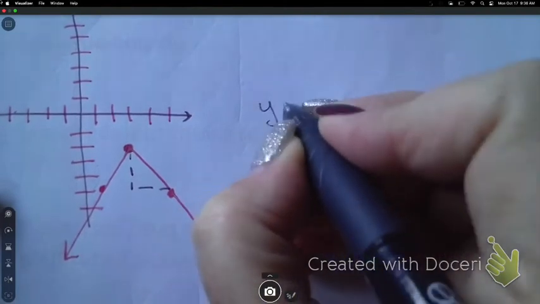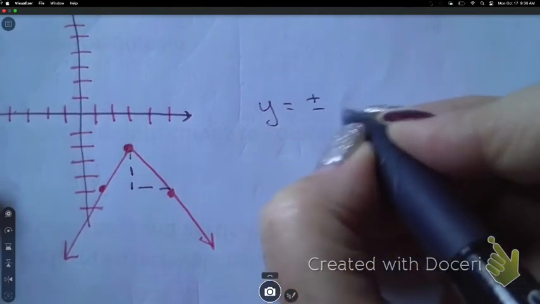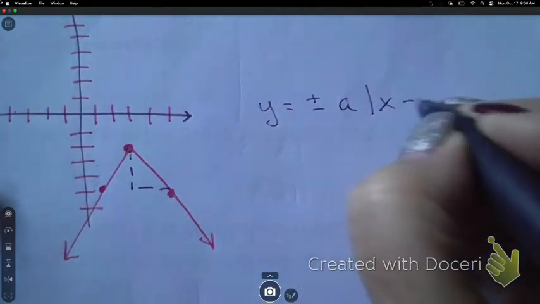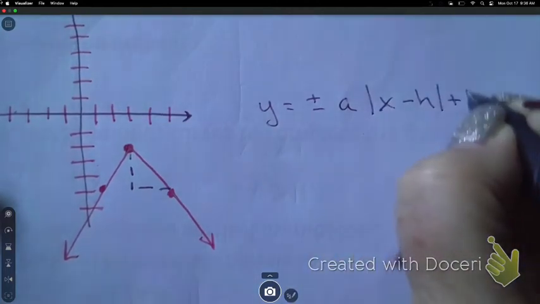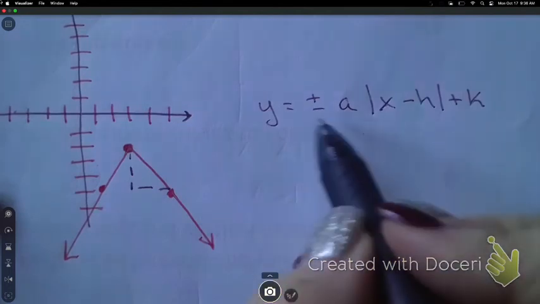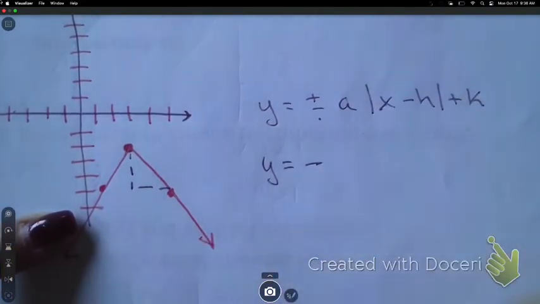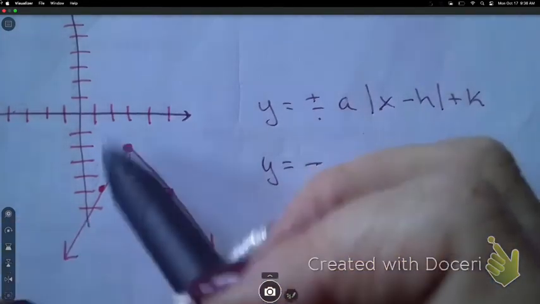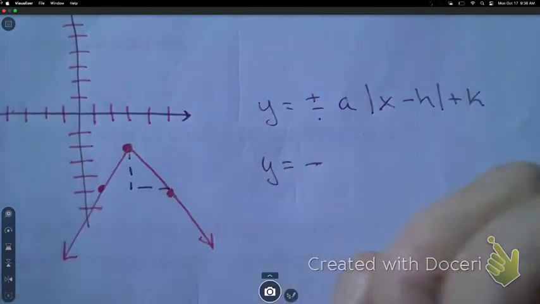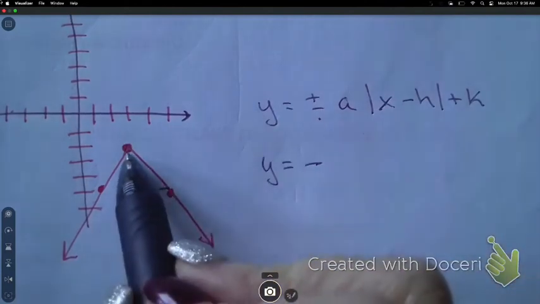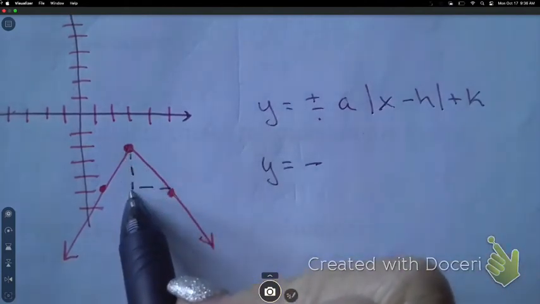So we have y equals plus or minus a times the absolute value of x minus h, plus k. Yes? So does it open up or down? Down. So it's y minus. And on yours it will be a grid, so you just have to count good points. So it goes 1, 2, 3.